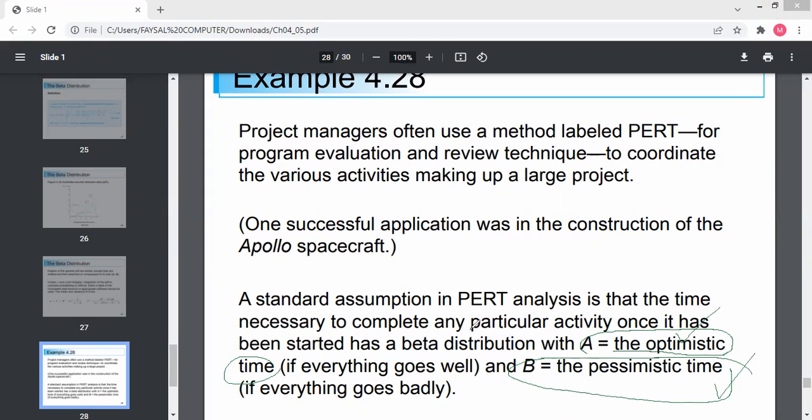Optimistic time is if everything goes well. Pessimistic time is if everything goes badly, so that the work is not completed on time.